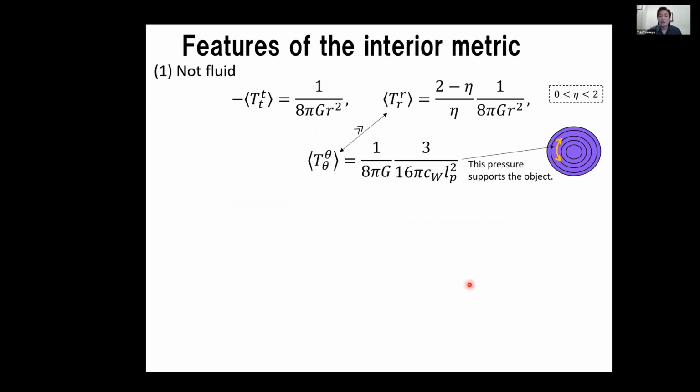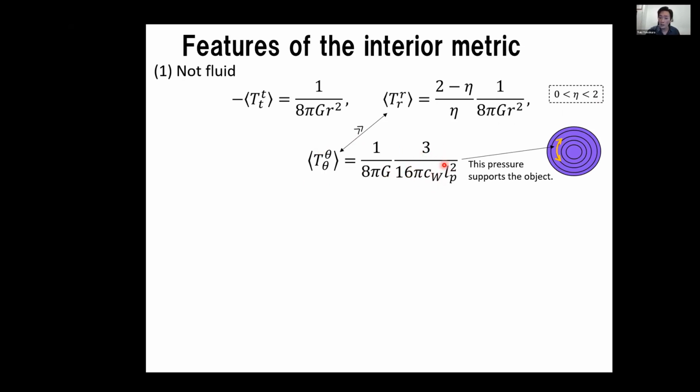In this slide, I will explain the features of the metric. First, the interior is not a fluid. Energy density is positive, and the radial pressure is positive for this range of eta, and T theta theta, the tangential pressure, is also positive, but this is almost Planckian.